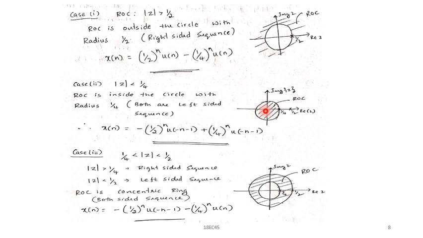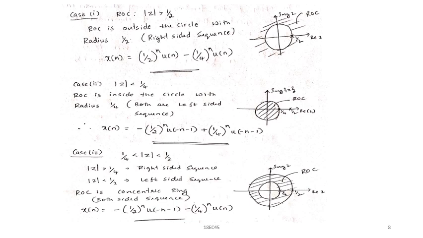Now for a left sided sequence, you know the general form, that is from the table you can observe that minus a to the power n U of minus n minus 1, Z transform is given by 1 by 1 minus a Z inverse.